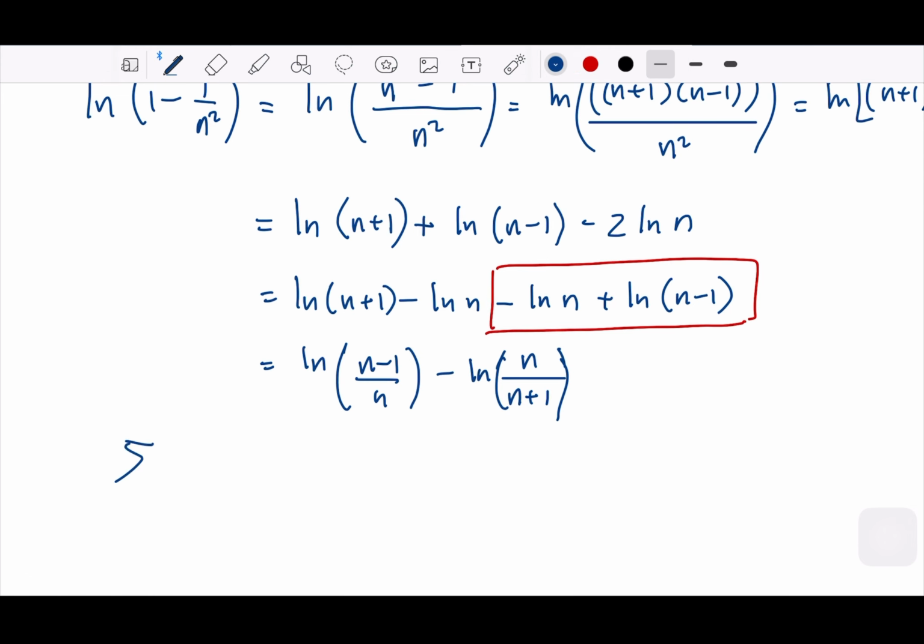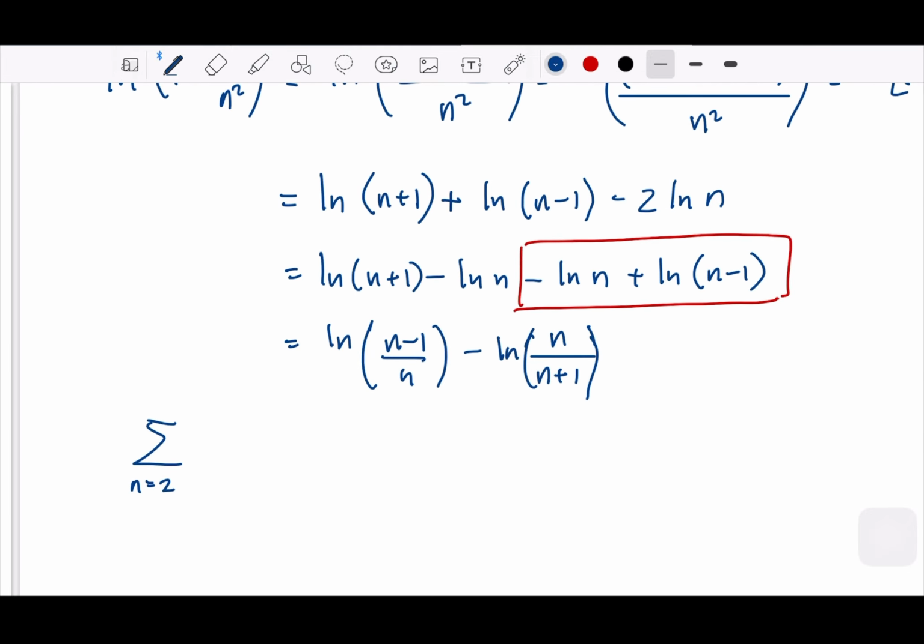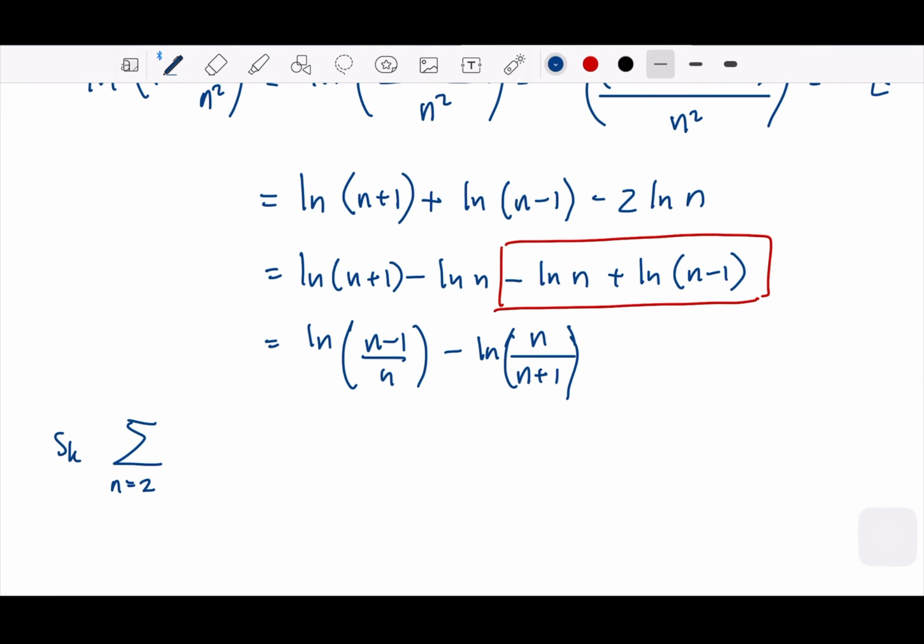And then we can take the sum. We are using the partial sum, let's say as k, so we can have a finite value.